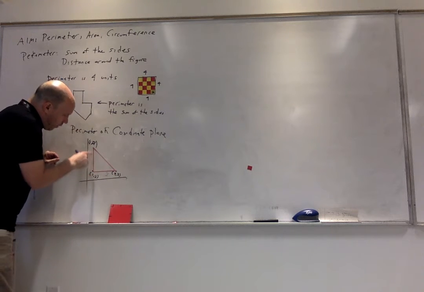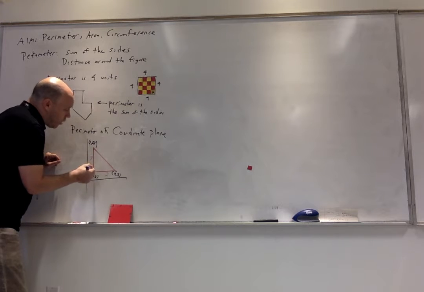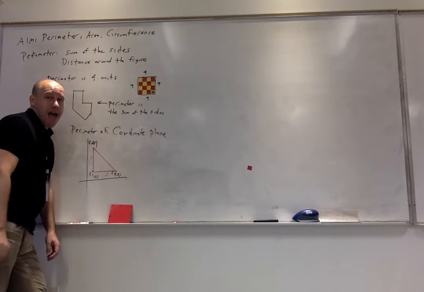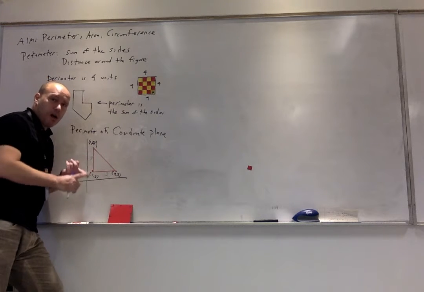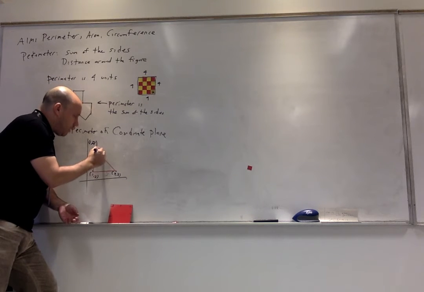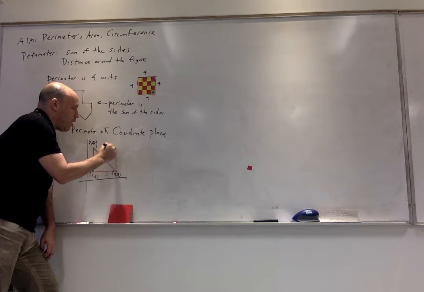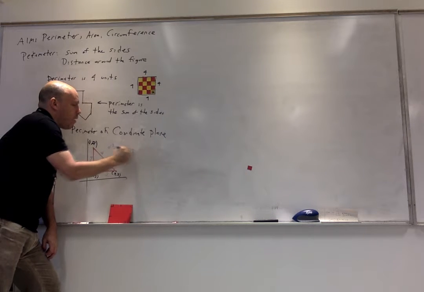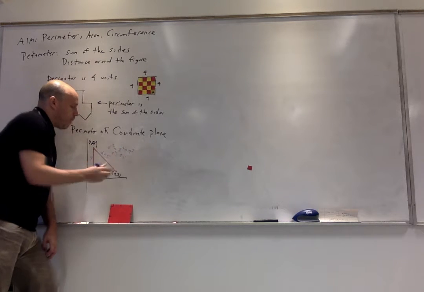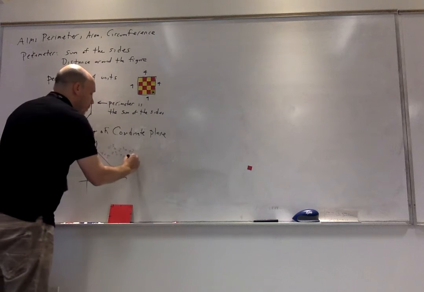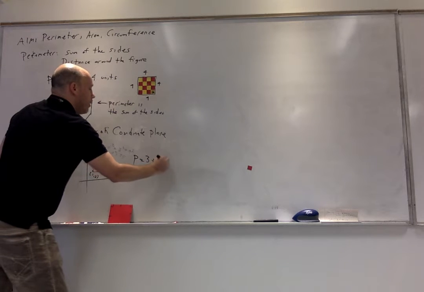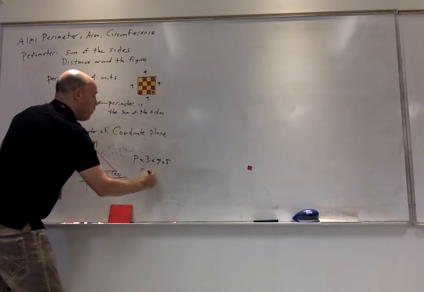The segment from 1, 3 to 1, 7 is 4. How do I find the length of this third side? It doesn't run along the axis, so I'm going to use the distance formula, or because it's on graph paper, the Pythagorean theorem. D squared equals 3 squared plus 4 squared, so d squared equals 9 plus 16, which is 25. So d is 5. And so the perimeter is 3 plus 4 plus 5, or 12 units.